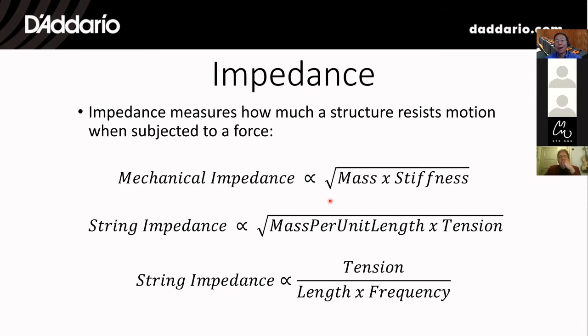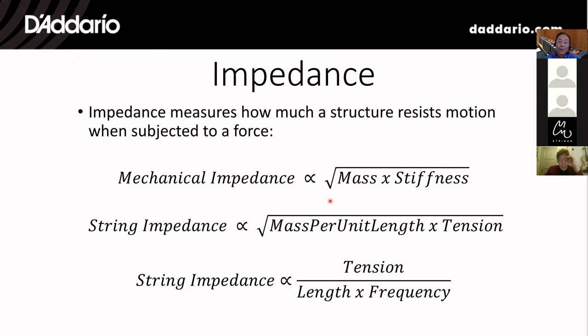And if you work out the math, the string impedance is proportional to the tension divided by the length and the frequency. So for a string, because the length and the frequency are the inputs, those are the constraints, the tension uniquely determines the impedance.